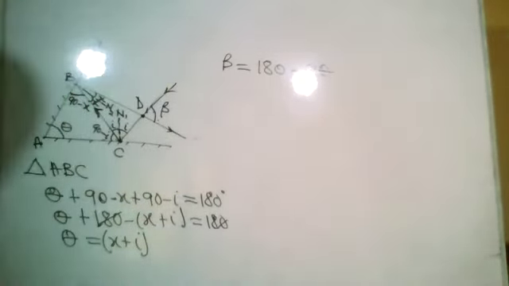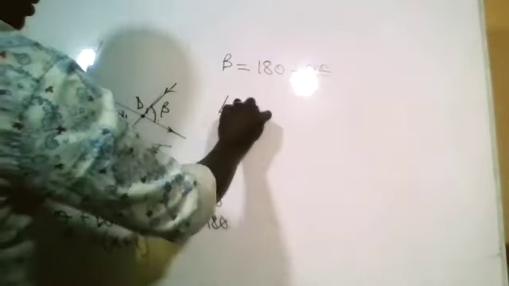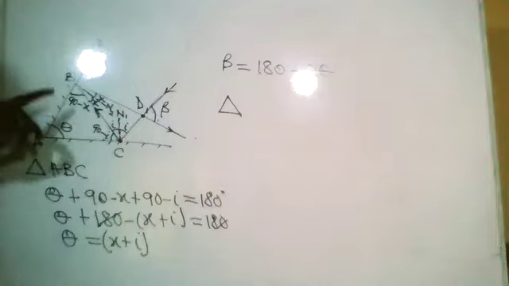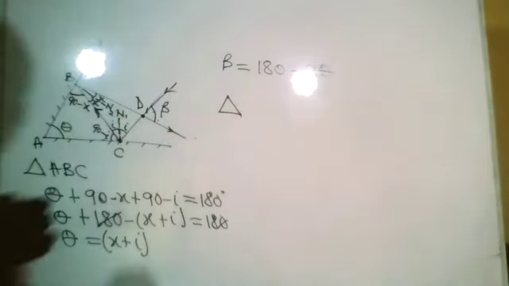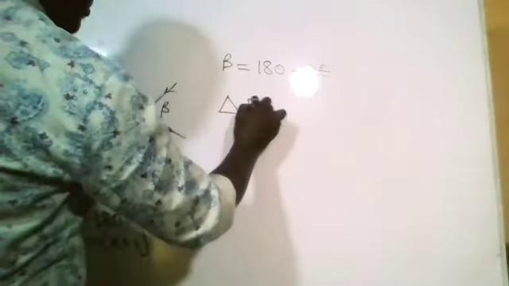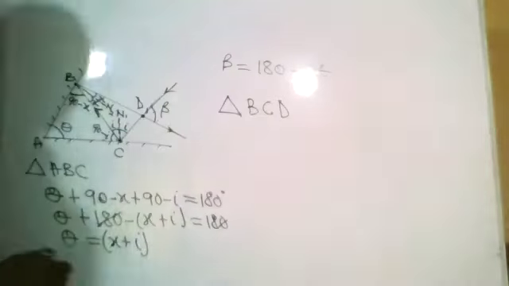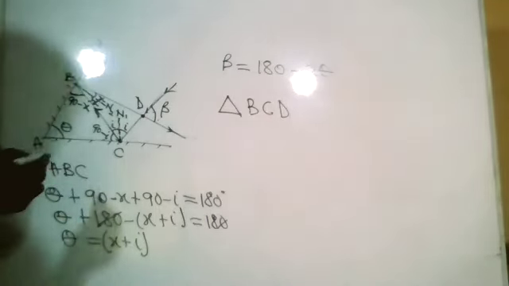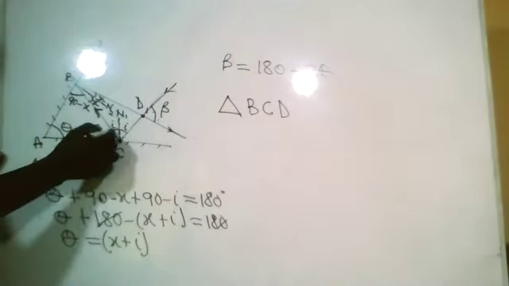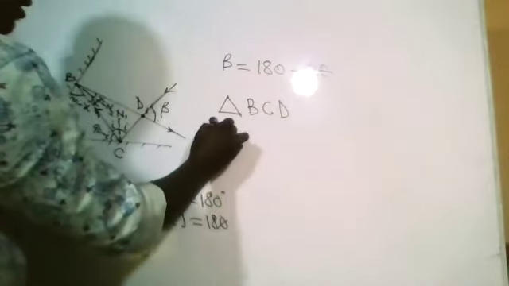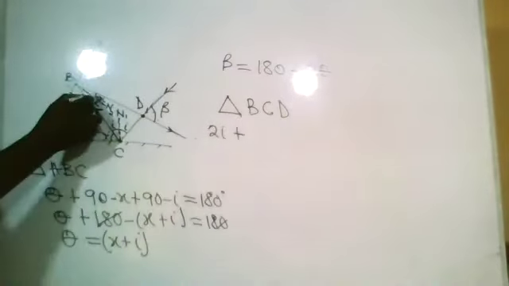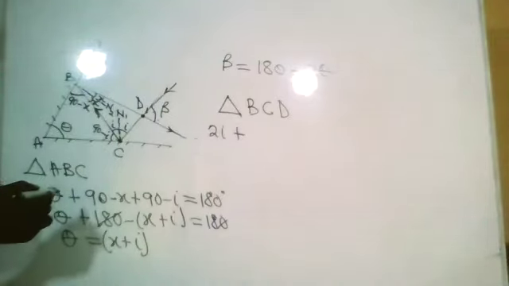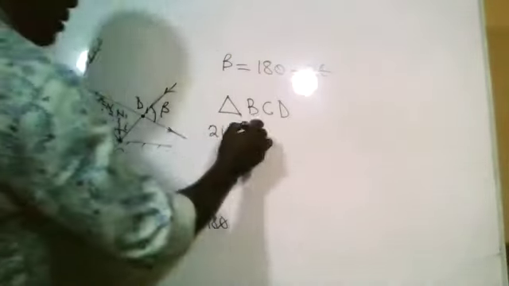Okay. So let's do the same for triangle BCD. We have a triangle. So let's sum all the interior angles. This is 2I plus this is 2X. The angle at B is 2X.